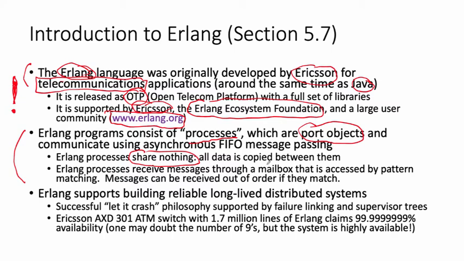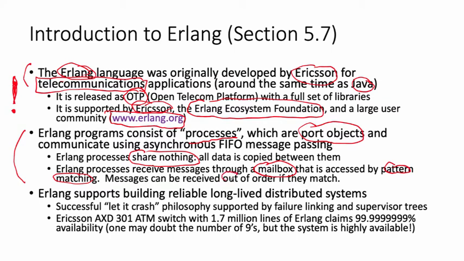The processes are completely independent. The second point is that they don't have streams like port objects. They have a mailbox. The difference is that you can access the mailbox by pattern matching. That means you can check whether a certain kind of message is in the mailbox and take it out of the mailbox.